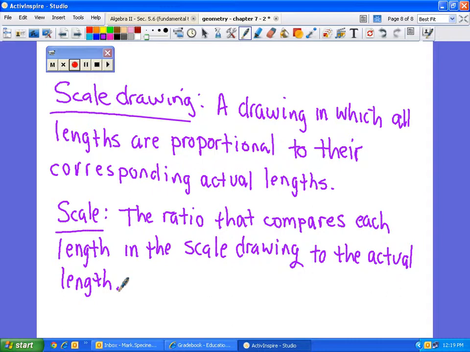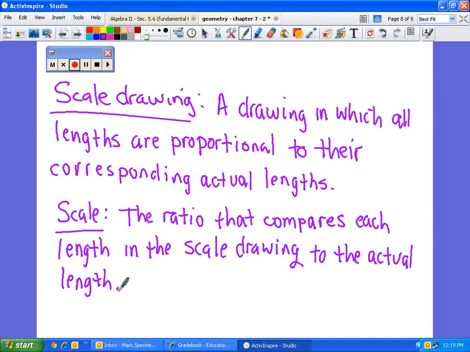Where else do you see scale drawings? A model would be an example of where you would use scale. Okay, the one I was going for is a map.